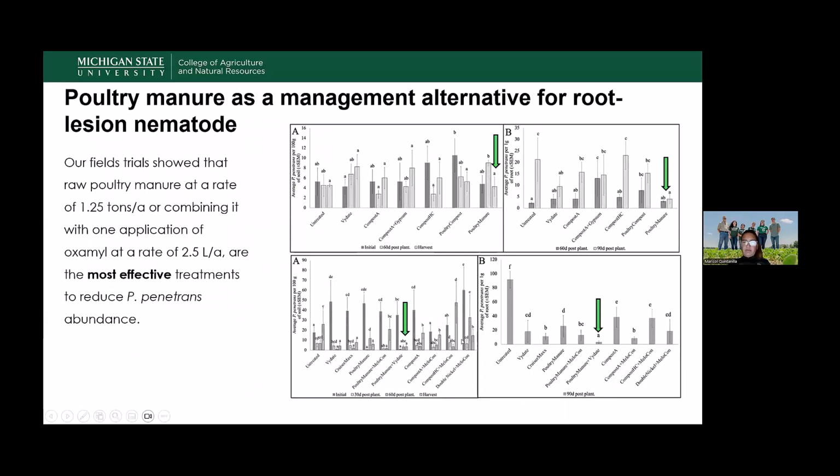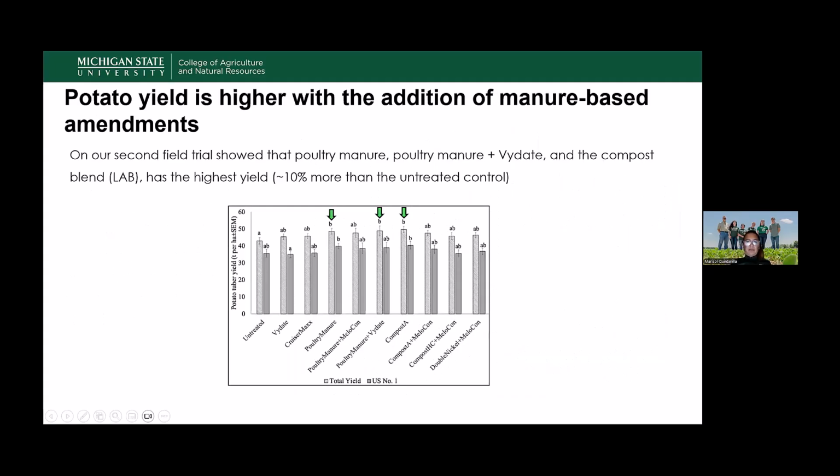Poultry manure also seemed to be the most effective in reducing root lesion nematode in our other experiments. You can see here similar results: poultry manure, poultry manure plus Vited, poultry manure alone, and so on. It increased the yield. It's the highest yield. That's the graph about yield.